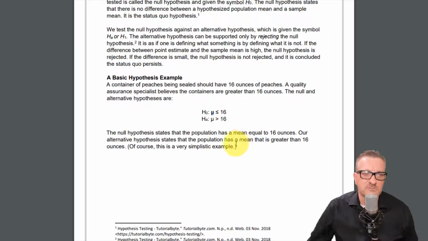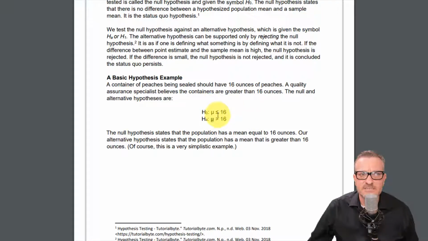is our population mean. And this is saying what we believe to be true right now, that mu is less than or equal to 16 ounces, and the alternative hypothesis is mu is greater than 16 ounces.